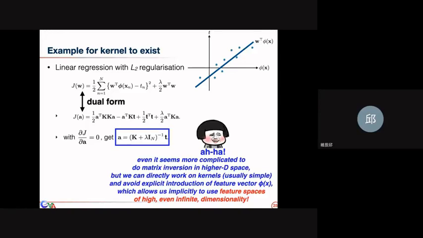So the only thing I need at prediction time is to compute the kernel. That motivates us again: once I know how to compute the kernel, I don't really need to know how to compute the feature. Once I know how to compute a kernel, it's already good enough.